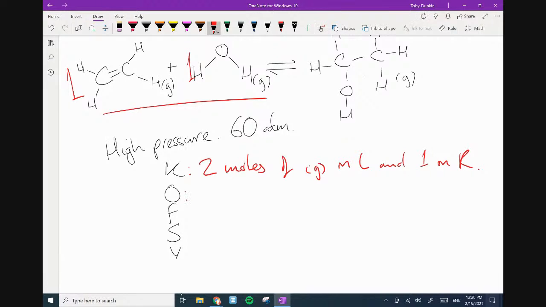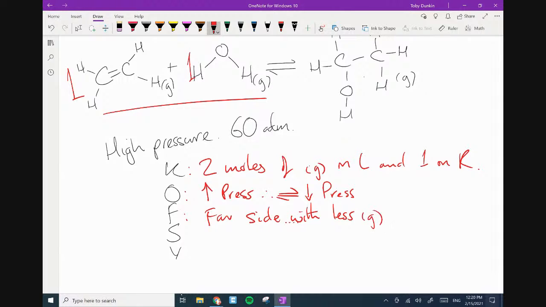Right, oppose. Imani said increase pressure. The equilibrium, therefore, will lower the pressure. It will do that by favoring the side with less gas.